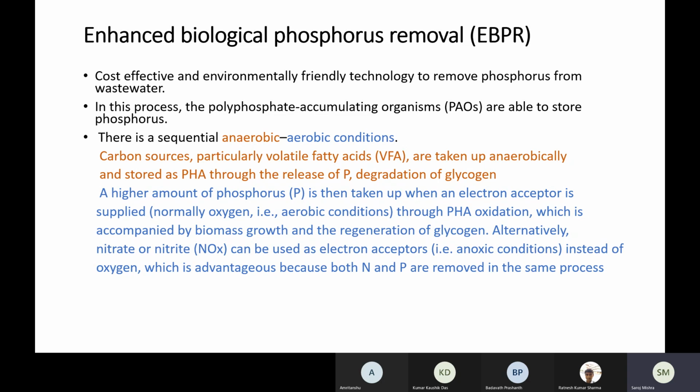And then we will see the chemistry or the microbiology of the process. First of all, it is a very cost effective, environmentally friendly technology which allows you to remove phosphorus from the wastewater. There is a very select group of microorganisms called polyphosphate accumulating organisms, which are capable of carrying out this task.